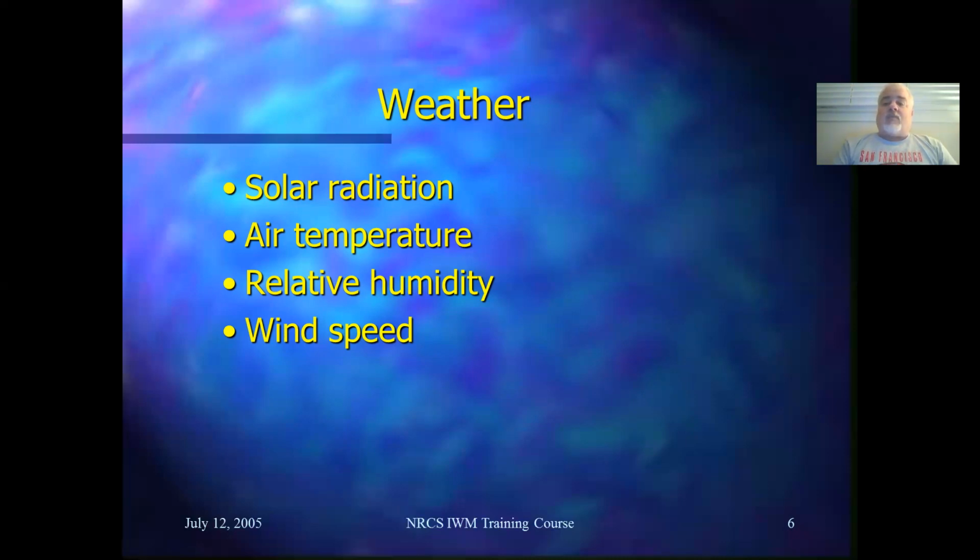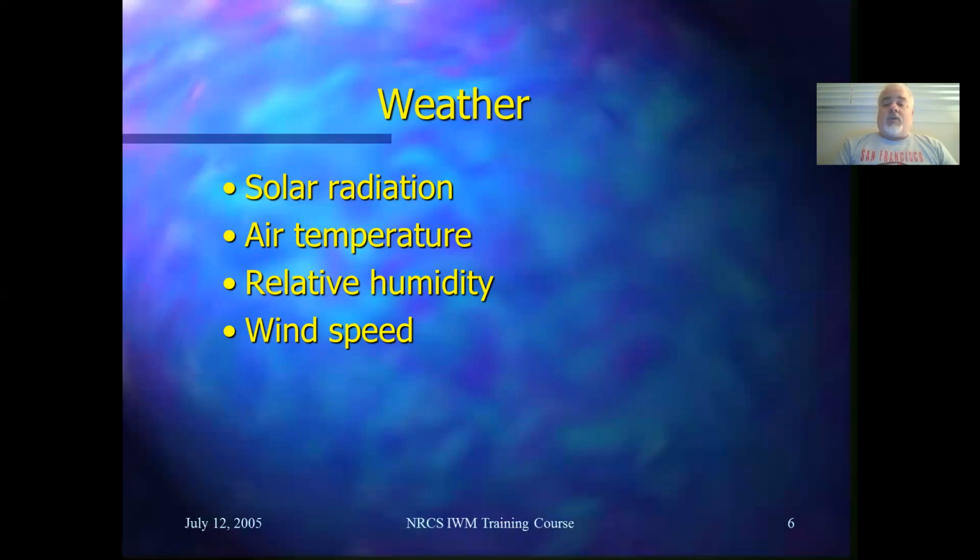On long summer days, we're going to get solar radiation for more hours of the day versus the fall and winter months where the days are shorter. When it's cloudy, we get less solar radiation. When it's clear, we get more. So we can measure that fairly straightforwardly and easily.